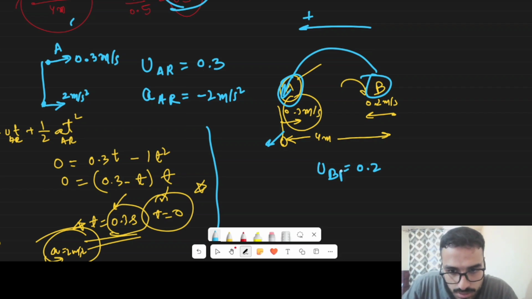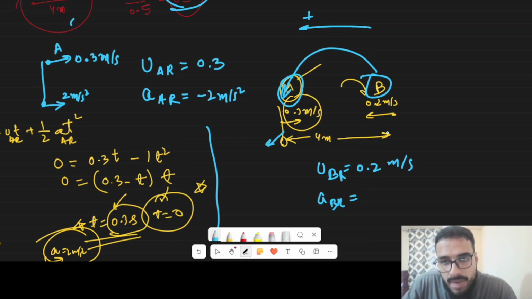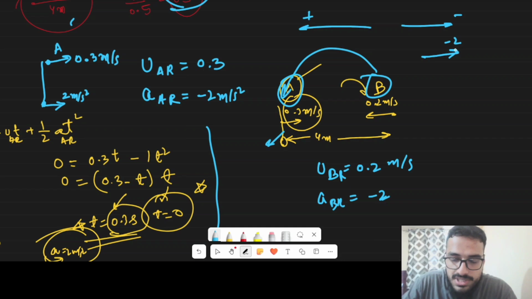Velocity of B with respect to the rocket is 0.2 minus 0, basically, because initially this was already given. Velocity of B was given with respect to rocket to be 0.2 meter per second, fine. What is the acceleration of B with respect to rocket? We'll say, sir, that is 0 minus minus 2, because this direction we are taking negative now, so this was minus 2, isn't that? You know the formula, na? I'm not saying random things.